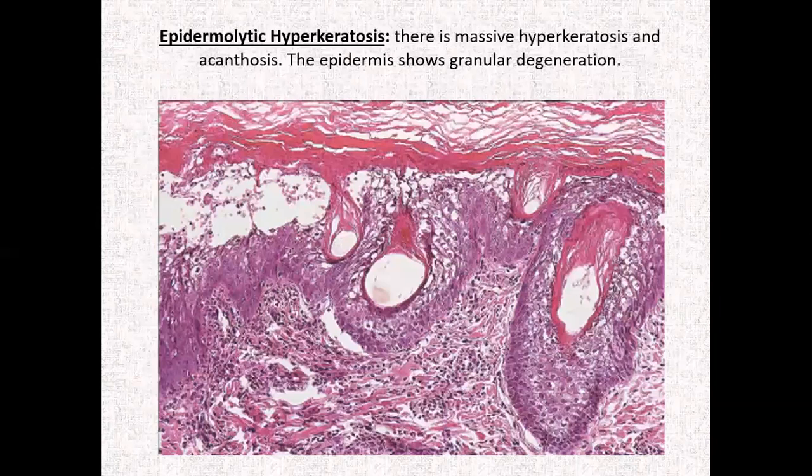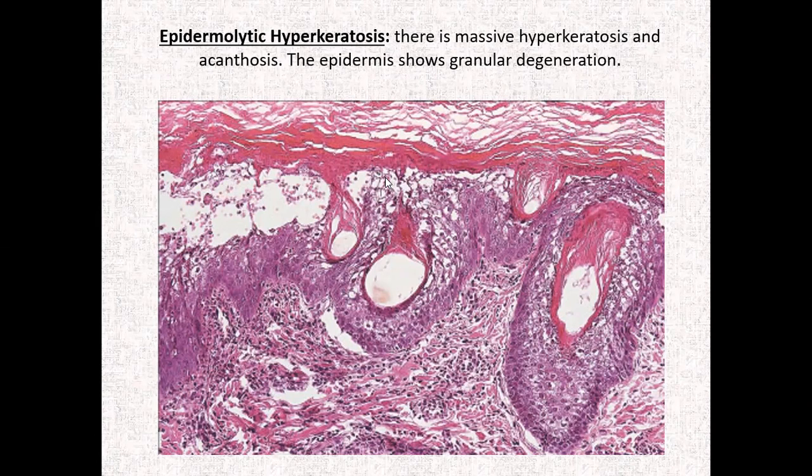may be present. So this is the peculiar histology of all the epidermolytic hyperkeratotic disorders. There is massive hyperkeratosis and there is a split at the level of the stratum granulosum and there is a degradation of the stratum granulosum.